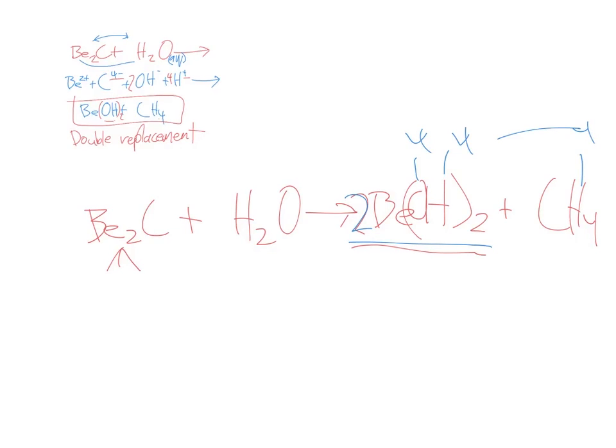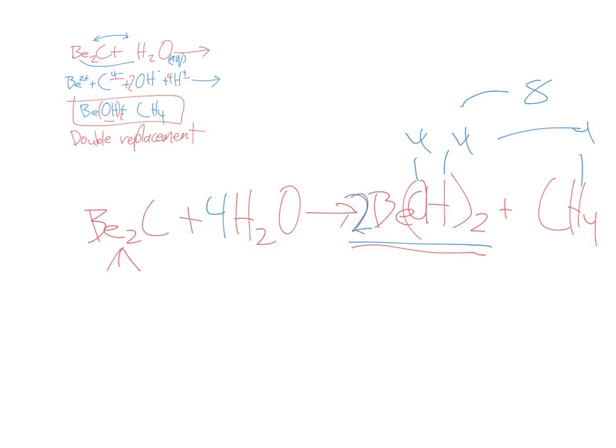So these plus this will be 8. So there will be 8 hydrogen and 4 oxygen. That means there will be twice as many hydrogen as oxygen, so you can get H2O. That'll go in 4. So there'll be 4 H2O.